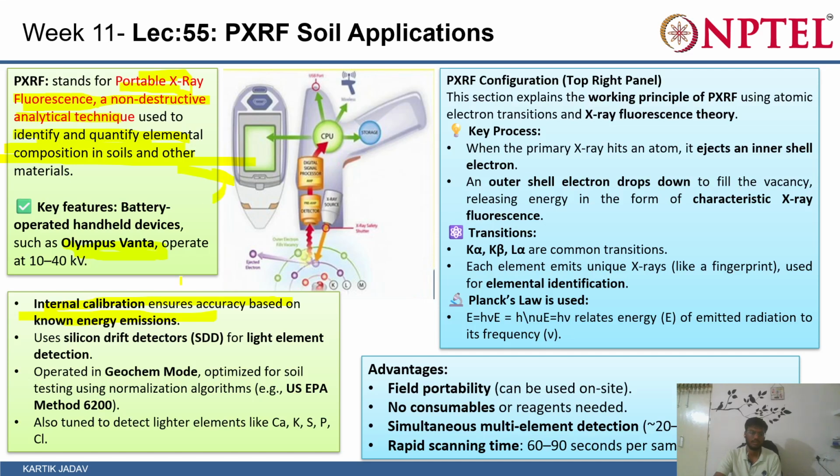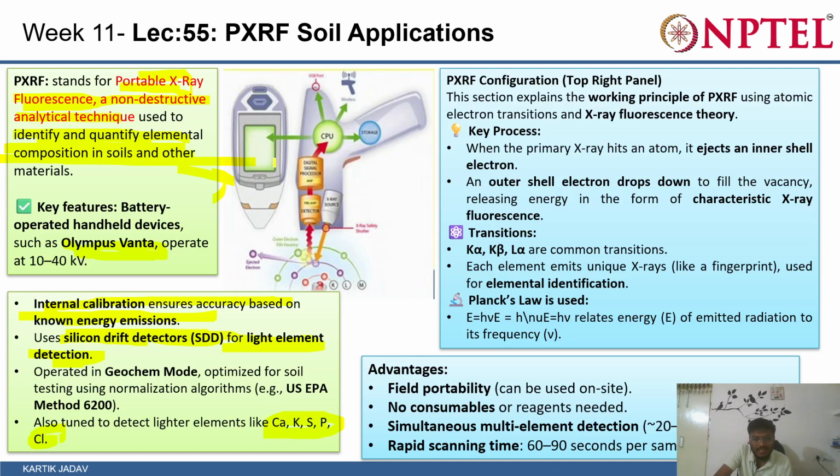So this is the instrument that we'll discuss soon. It uses silicon drift detectors (SDD) for light element detection. Then it operates in geochem mode, optimized for soil testing using normalization algorithms, and it is also tuned to detect lighter elements like calcium, potassium, sulfur, phosphorus, and chlorine.